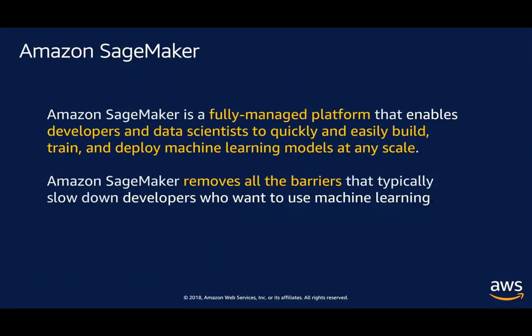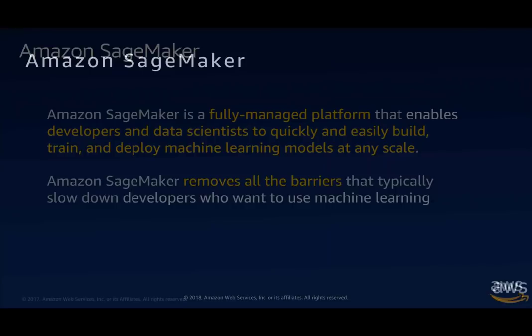It's a fully managed platform that lets you build, train, and deploy machine learning models at any scale. It takes away the burden of maintaining any kind of infrastructure, and really removes the undifferentiated heavy lifting from the machine learning life cycle, right?